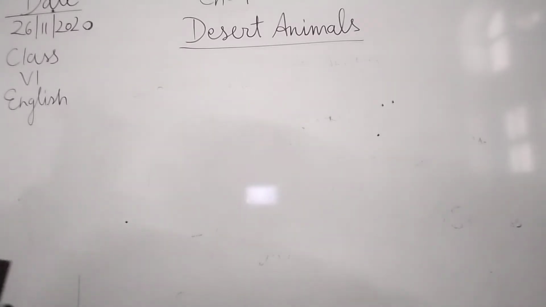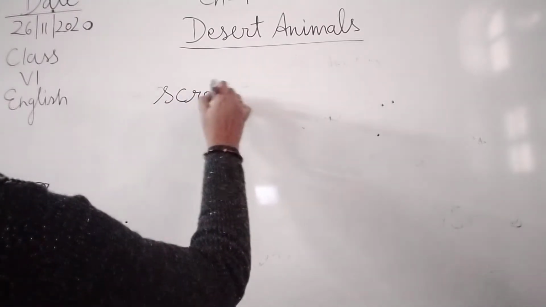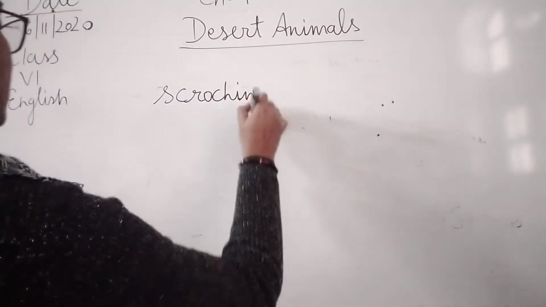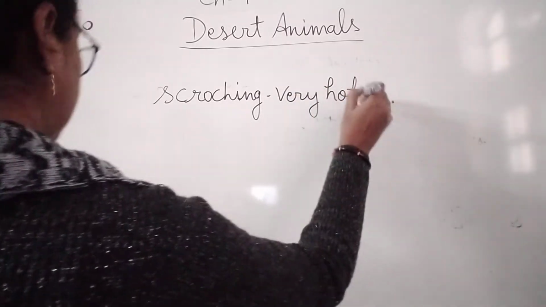Now I am going to write the meanings on the board. Scorching means very hot.